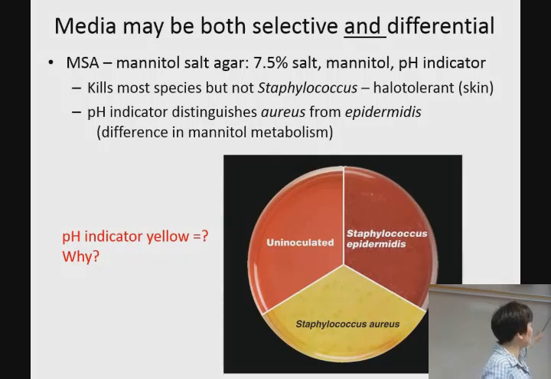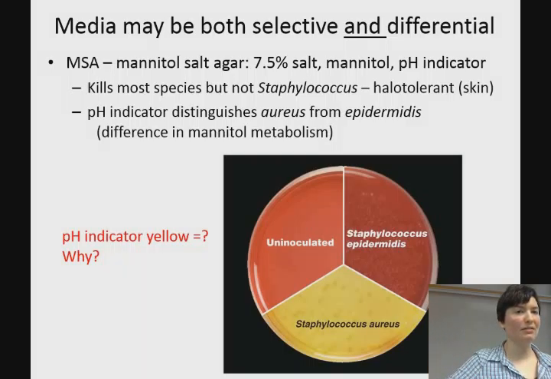An MSA that we'll talk about today, mannitol salt agar, has 7.5% salt. So remember, what is the natural percent solution inside the cell? Usually 1. So if you have 7.5% salt outside, is that normal, or high? For most organisms, it's going to be lethal.